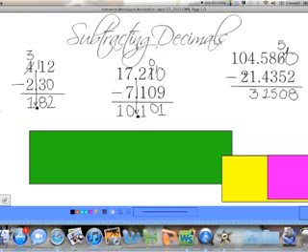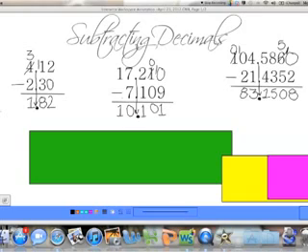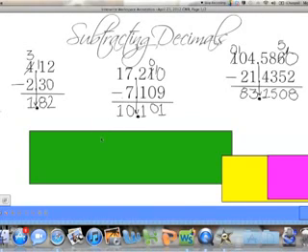We cannot do 0 minus 2, so we have to borrow, leaving us with 10 minus 2, which is 8. Again, our last step is to bring down the decimal point, and our final answer becomes 83.1508.